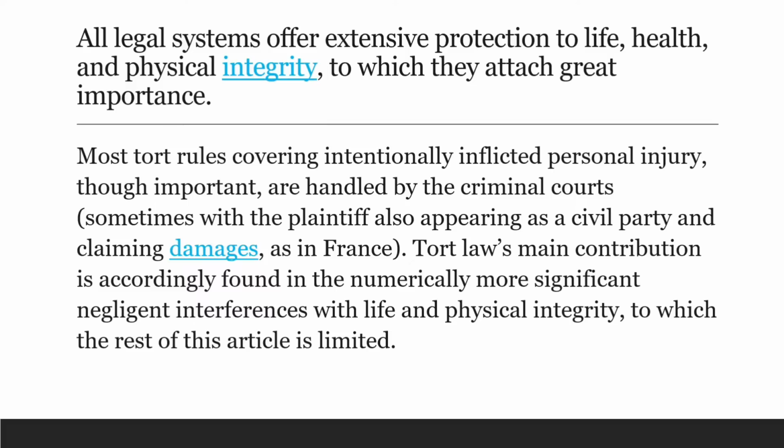Tort law's main contribution is accordingly found in the numerically more significant negligent interferences with life and physical integrity, to which the rest of this article is limited.